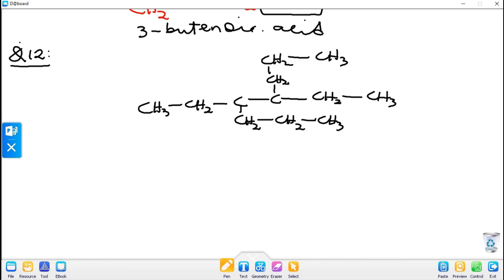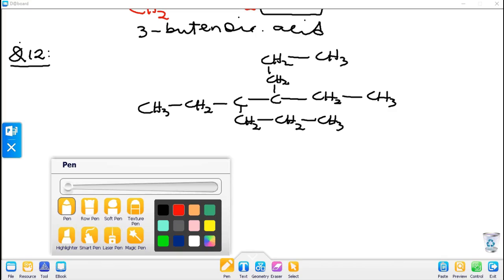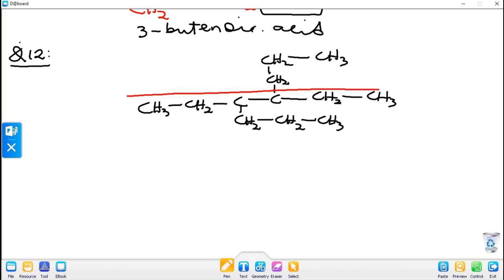If we go with the straight chain, that is to say, if we go straight this way, we are going to have 6 carbon atoms.